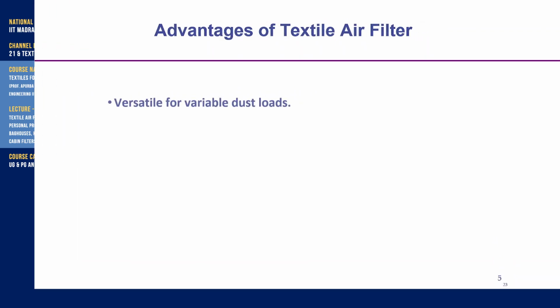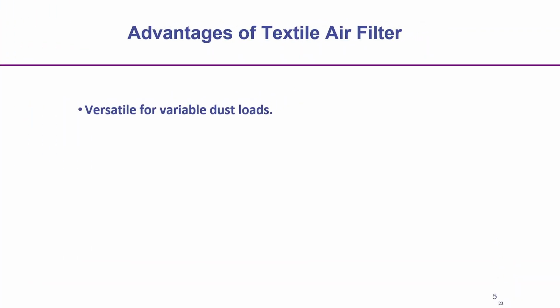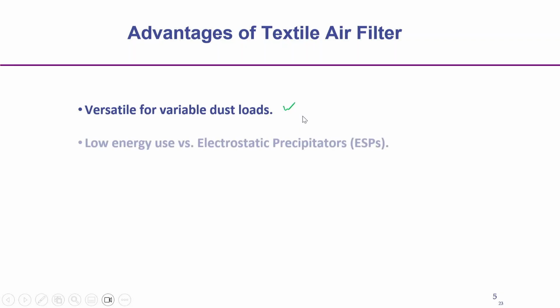So, what are the advantages of textile air filters? Versatile, for variable dust load, we can use wide range of applications, different types of dust load. It has lower energy cost as compared to the electrostatic precipitation, ESP.